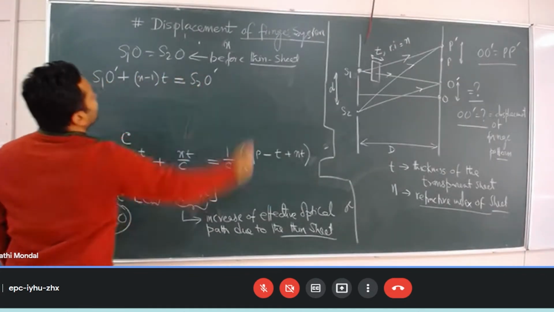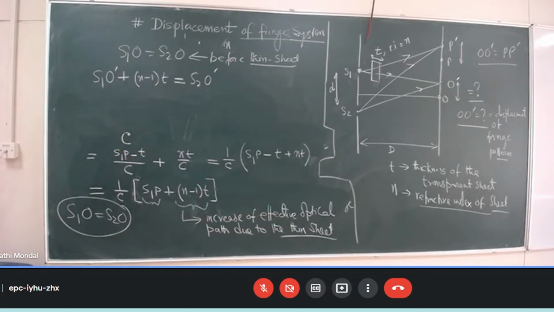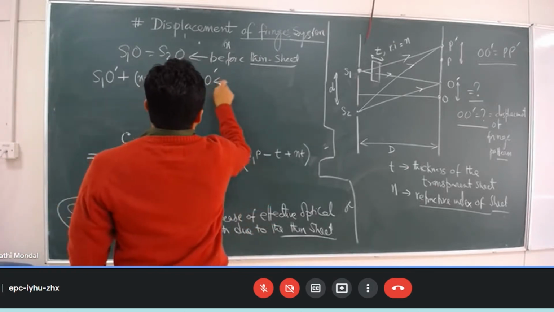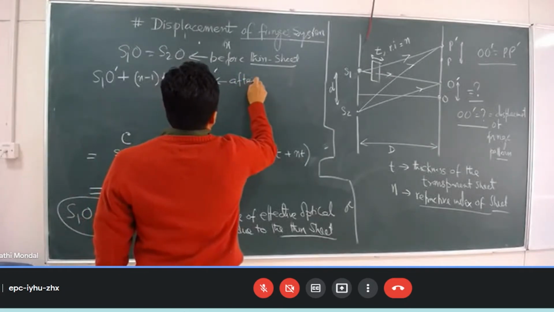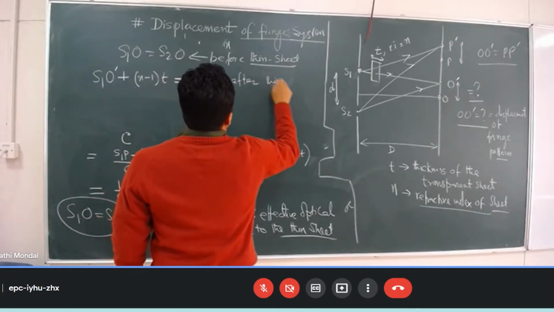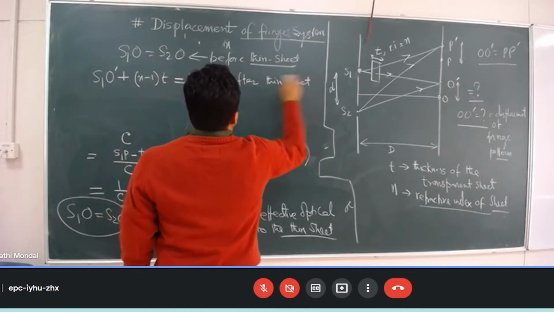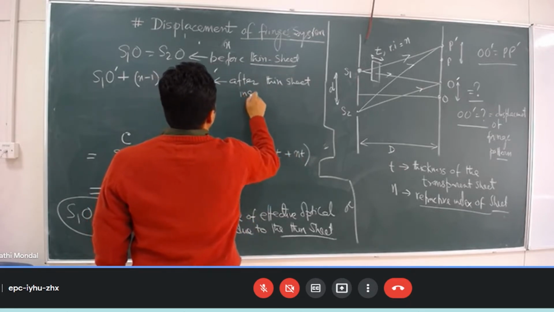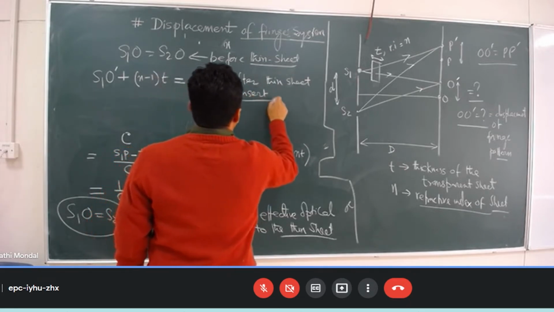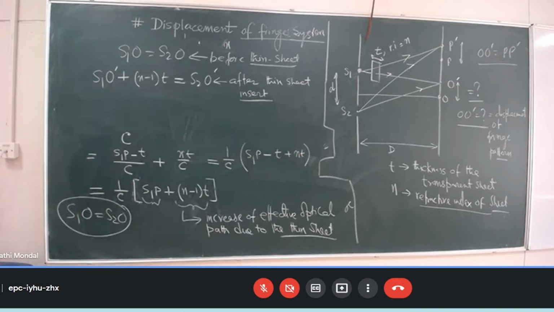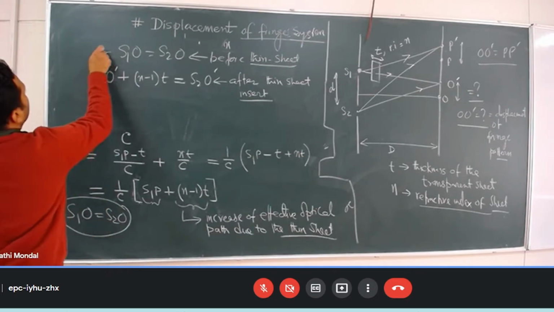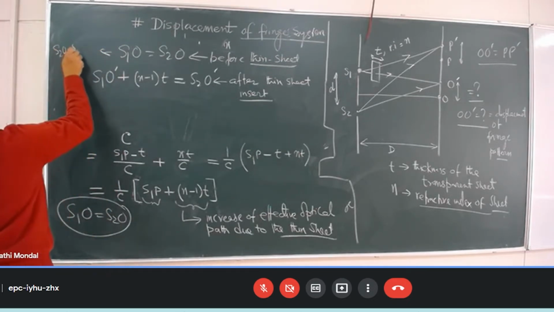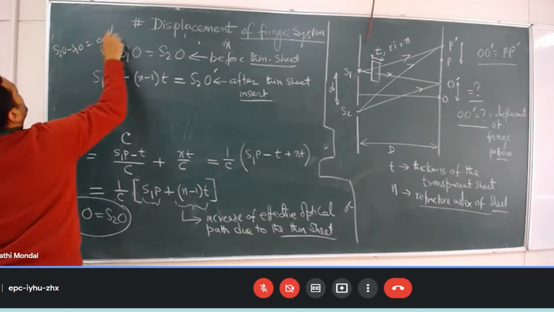This is the new condition for having the central fringe after the thin sheet is inserted. Before, S2O minus S1O equal to 0 gave you the central fringe.